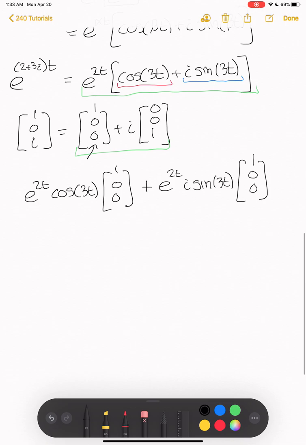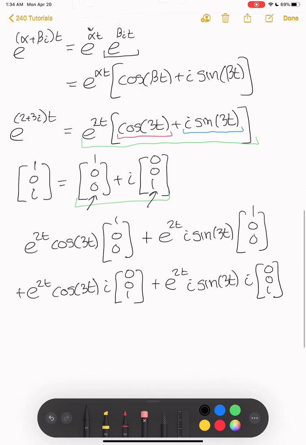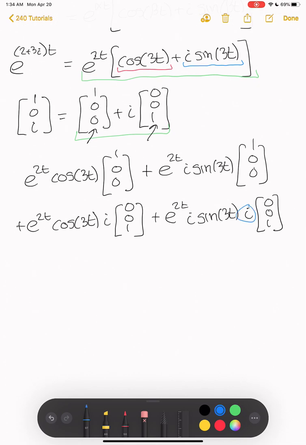And then my next vector, I get plus e to the 2t cosine of 3t multiplied times i times 0, 0, 1. And then I have plus e to the 2t i sine of 3t times i times 0, 0, 1. Okay, so I've just FOILed this out. Sorry if it wasn't super clear, but what you'll notice is I have an i squared term here, which we can rewrite as -1. So I'm just going to do that right here. So my i squareds turn into -1.